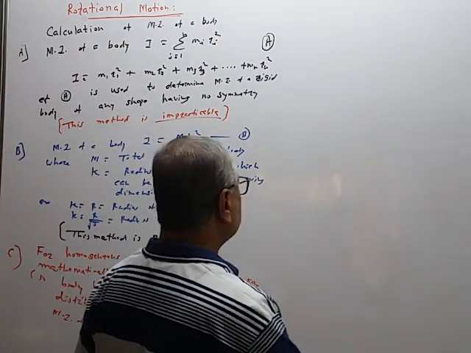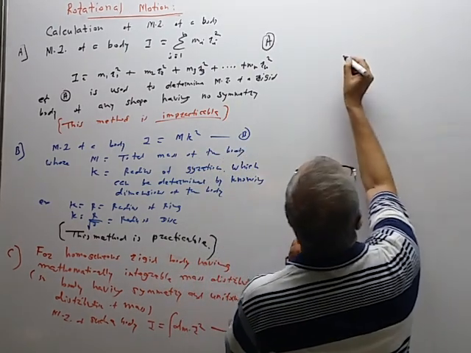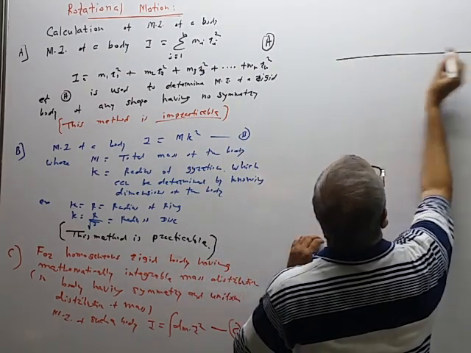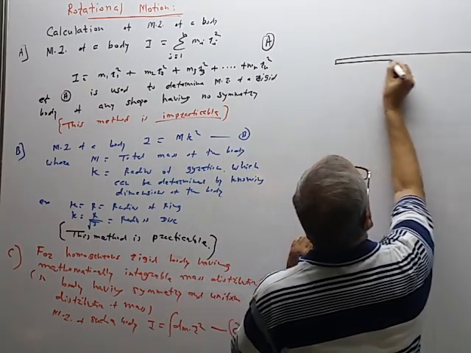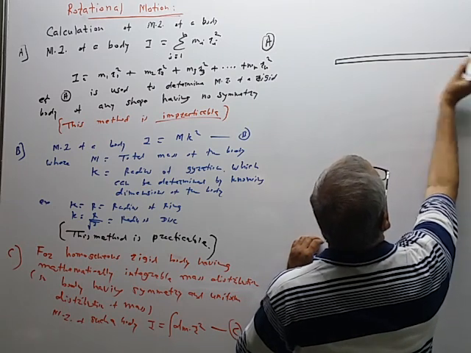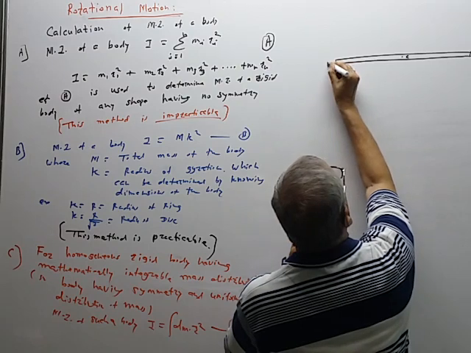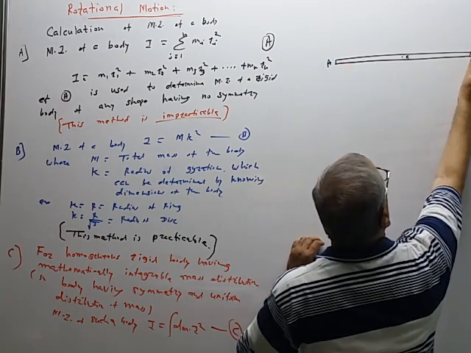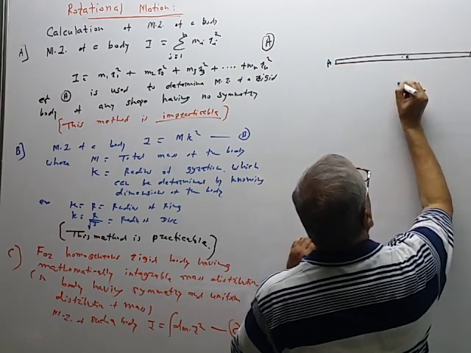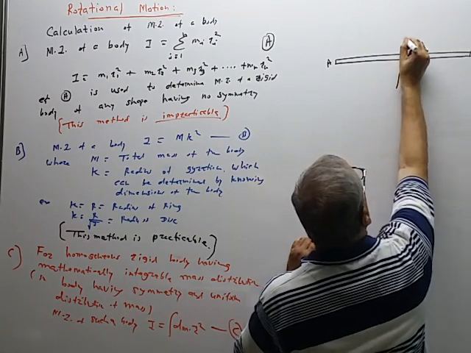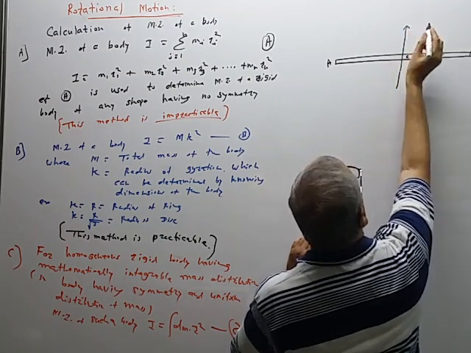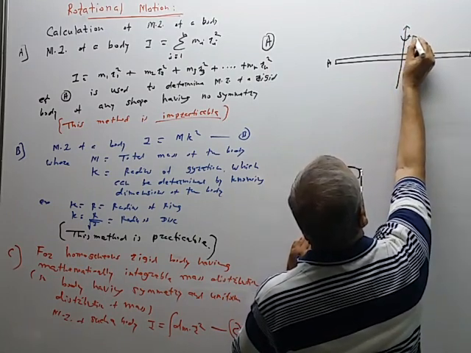So we will consider the example of a rod. This is the uniform rod. This is the center C. These are the ends A and B. So the axis is passing through the center. So this moment of inertia is denoted by IC.